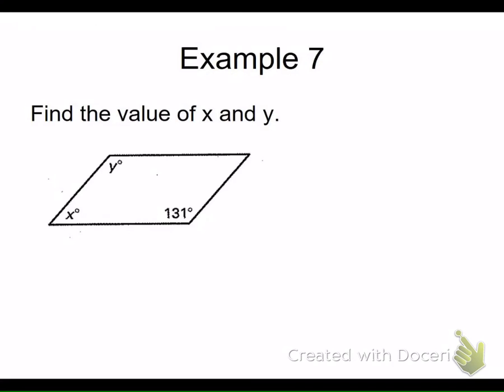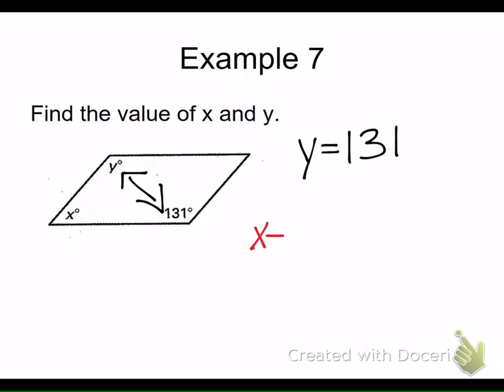All right, what do I know about either one of these? Y is 131, sorry. Opposite angles are congruent. So those two are just going to be equal. Now, I'm actually going to write an equation for the next one. What do I know about X? X plus 131 equals 180.